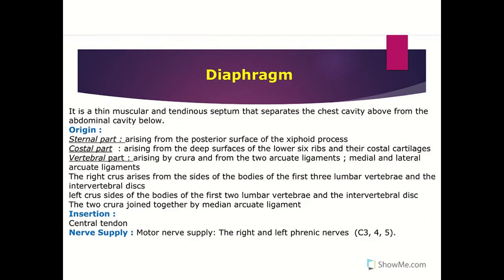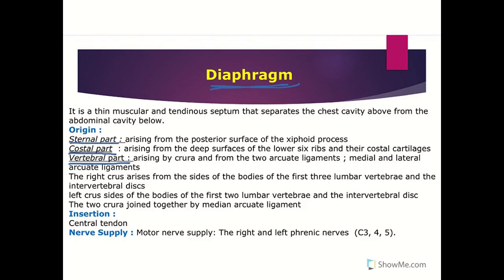We have a very important muscle of respiration called the diaphragm. What is the diaphragm? The diaphragm is the principal muscle of respiration, and it's present between the thorax and the abdomen. It has different origins. We have origin from the sternum itself, and origin from ribs, and origin from the vertebral part, or the vertebral bodies.